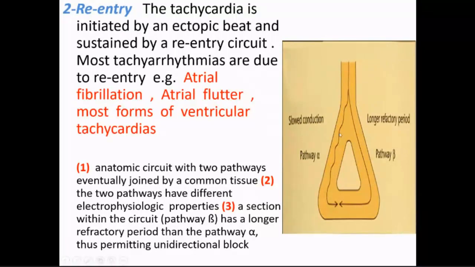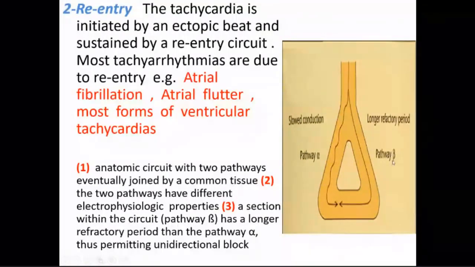فاحنا هذا two pathways عندنا with different conductive and different refractory properties.